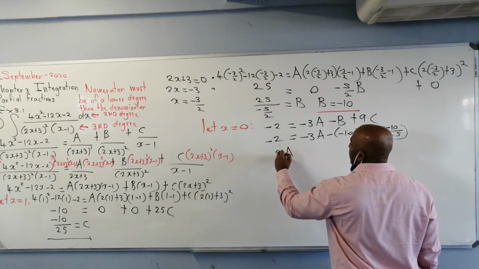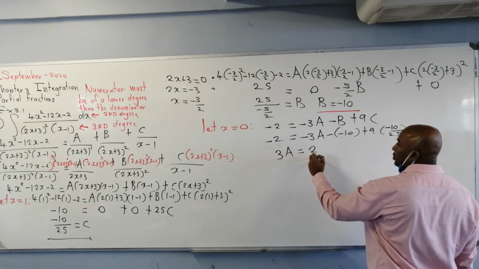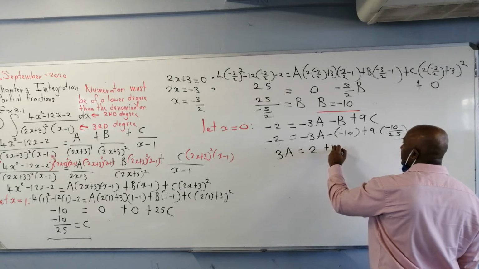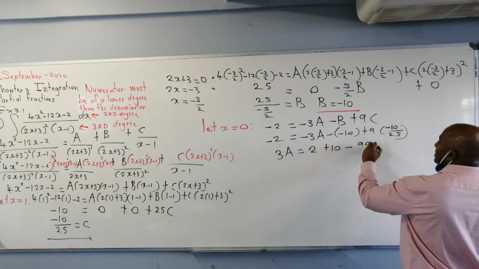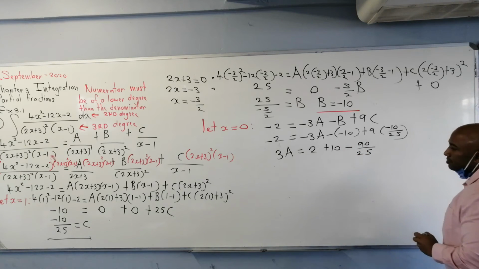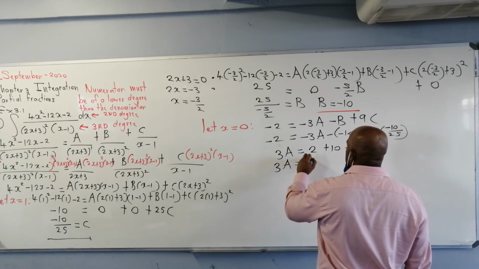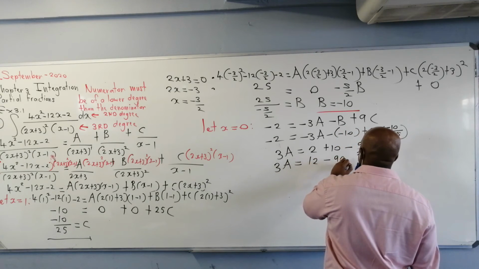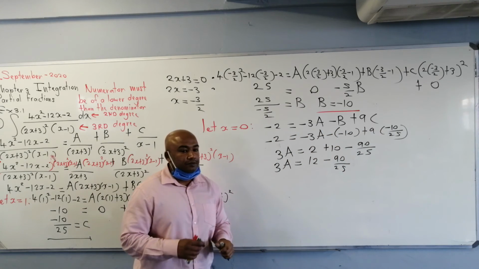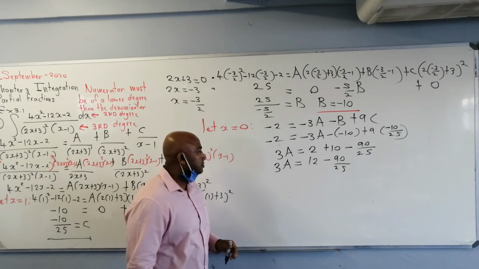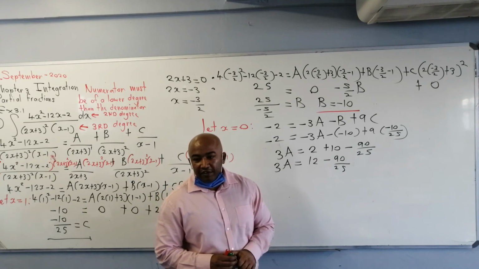So I've got 3A is going to equal, if I take this to the right-hand side, 2 plus 10, and then we're going to get minus 90 over 25. Correct? So 3A is equal to 12 minus 90 over 25. What do we get? 80 over 25.